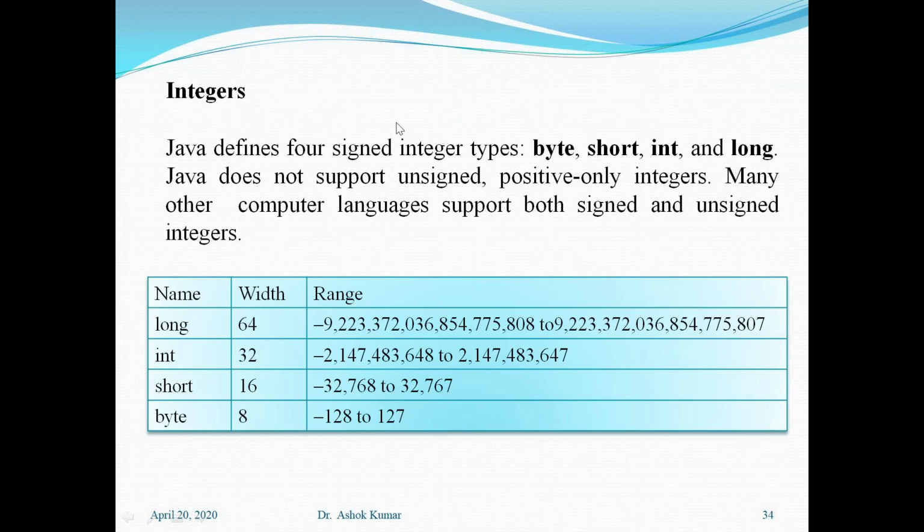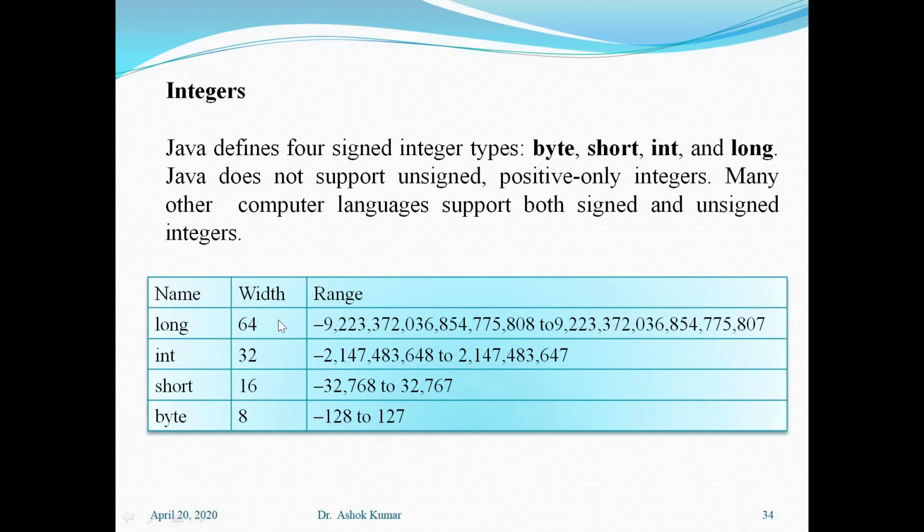Integers. There are 4 types of integers that you can use in Java. The first one is long, and for long, 8 bytes of memory is allocated. If you declare a variable of this type, then you can store a number between this and this that I have shown over here.